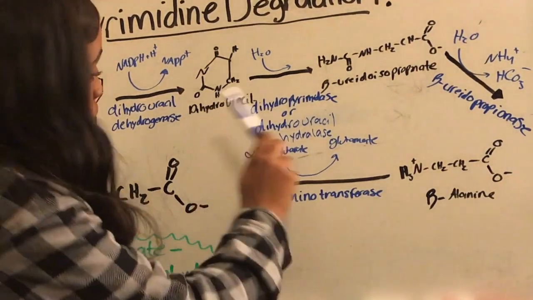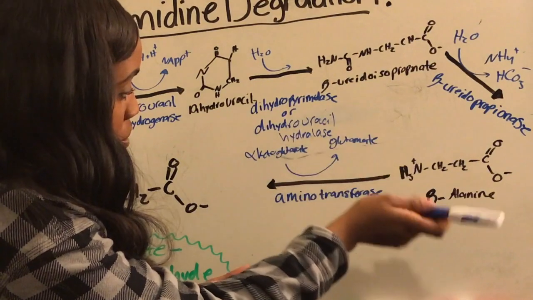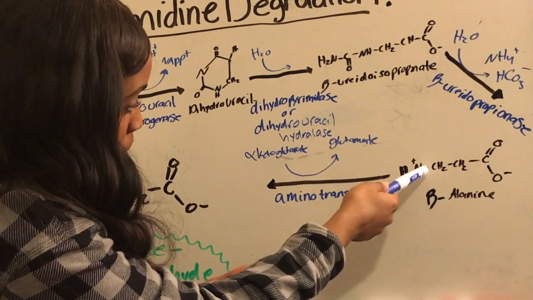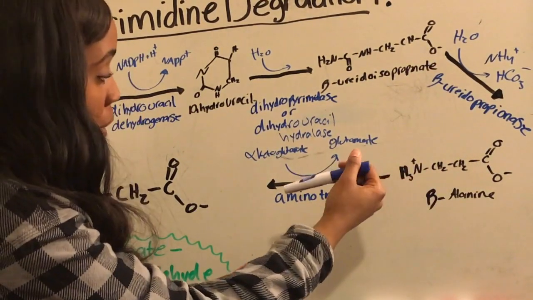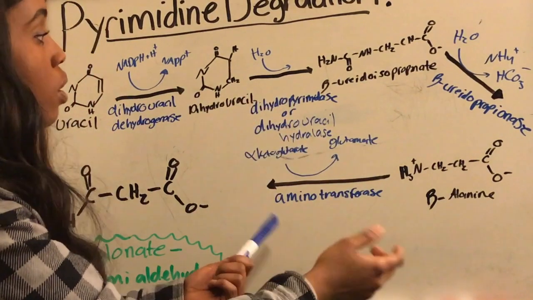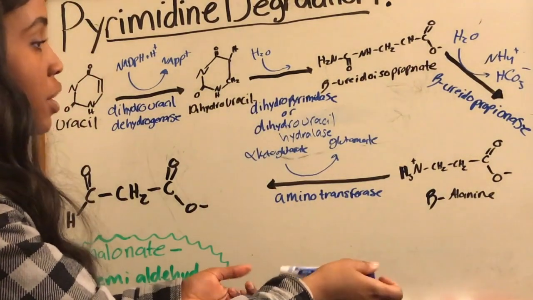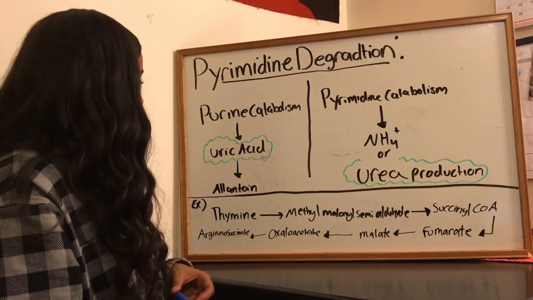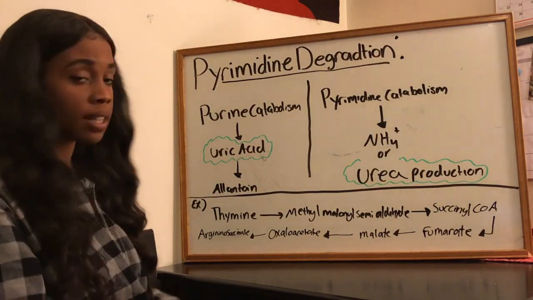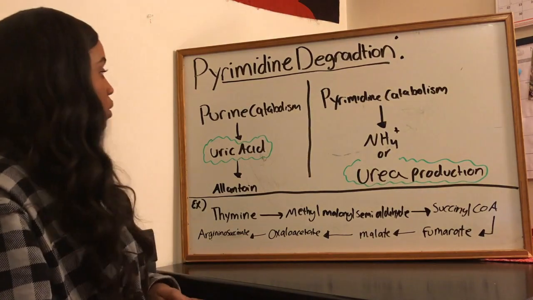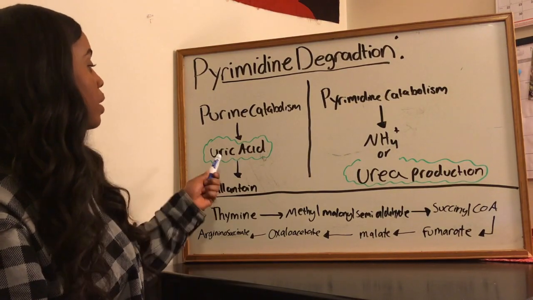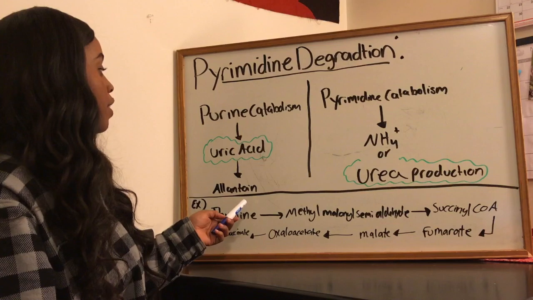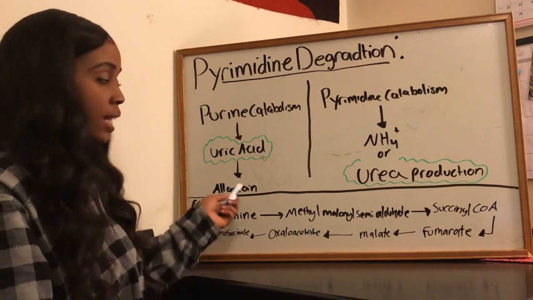And we've all seen this reaction before with alanine and the degradation of amino acids to form ammonium, which was the precursor for the urea cycle. So in purine catabolism, we learned that purines can be degraded into uric acid and then further processed into allantoin.